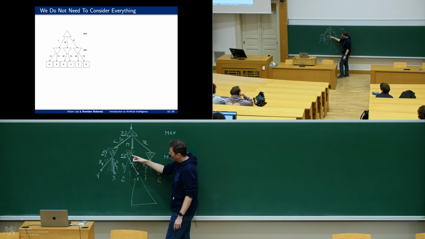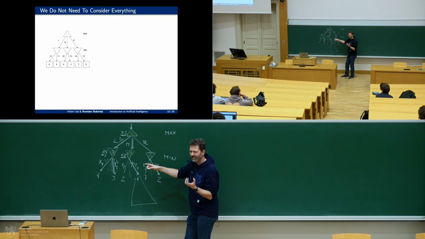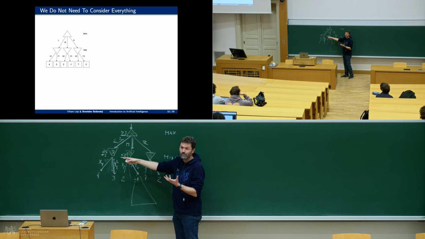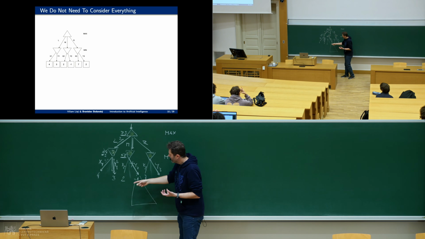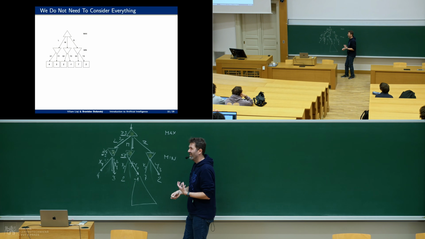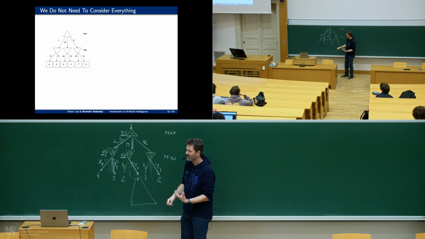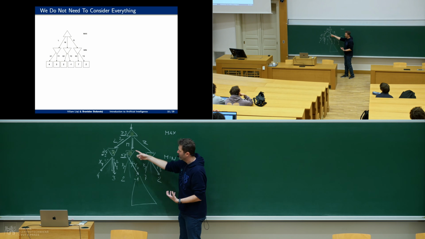So we don't really need to know precisely what is the value. We just know that it's less than 2, or at most 2, right? So basically, what we sacrifice is to know exactly what is the value of this subtree, because we don't need that. We just know that this is not part of the optimal solution.